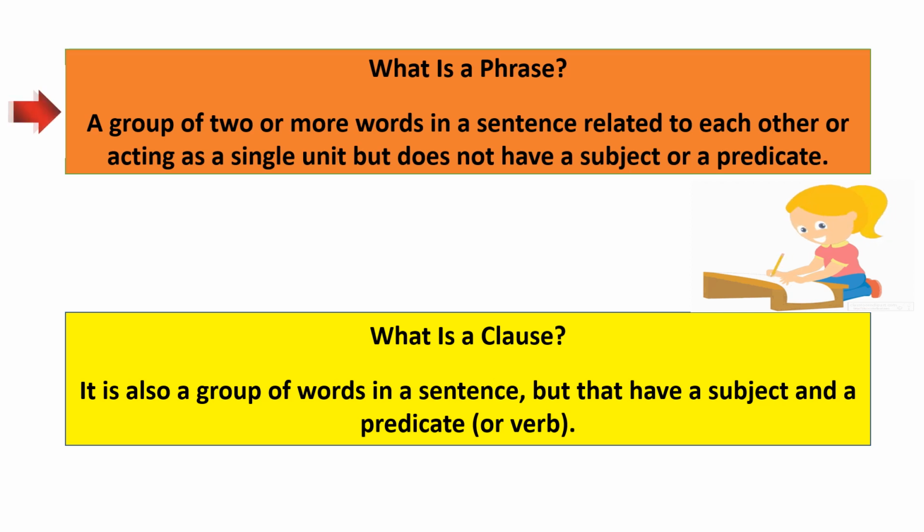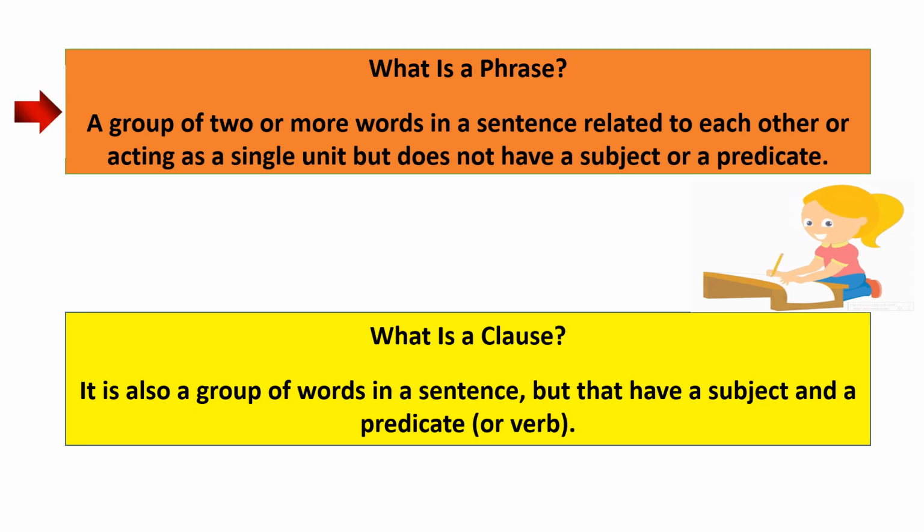So we can say that a single unit made up of two or more words can act as a noun, an adjective, or a prepositional phrase, but a phrase does not contain a subject or a predicate. That is the main point of a phrase.